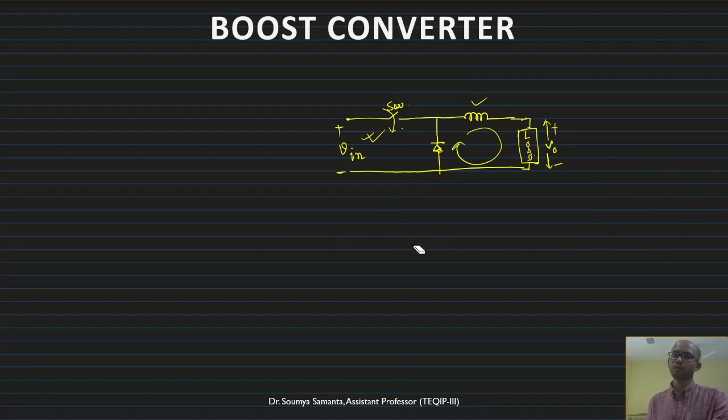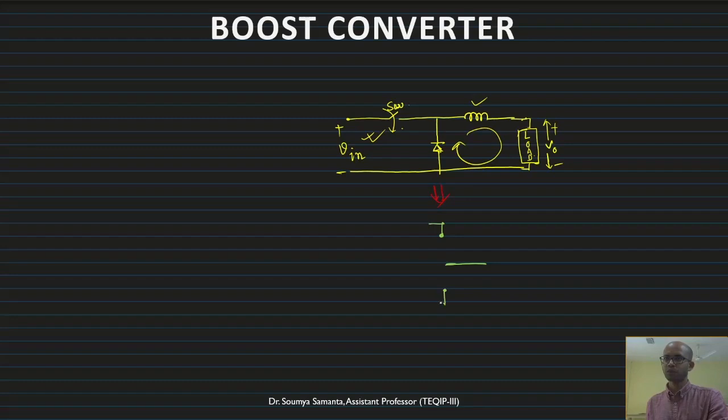Now let me show you how we can draw this circuit in a slightly different way. Suppose I take a center point and represent this using a single pole double throw switch.